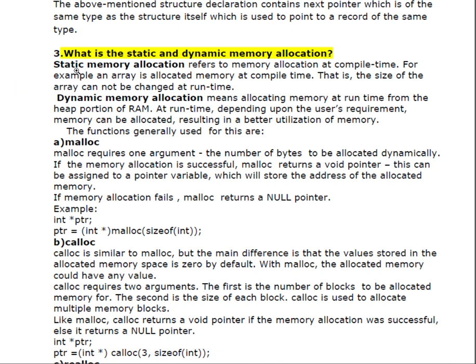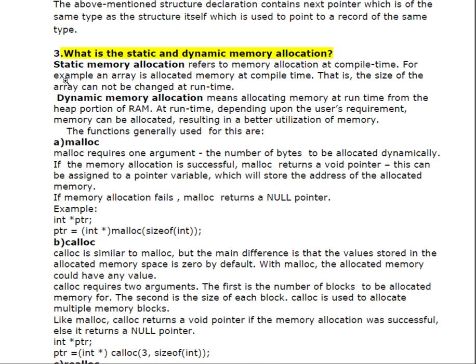But for now, what is static memory allocation? It refers to memory allocation at compile time. Means we have to write the syntax before we run the code. At the compile time, the memory will be allocated.